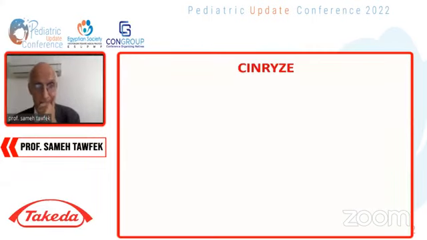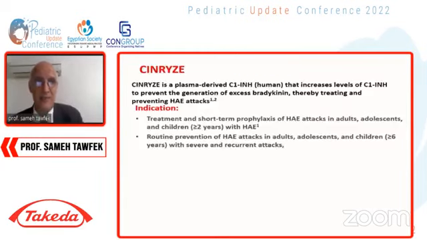Recently, in Egypt, Sunrise is available now, maybe even last month. Sunrise is plasma-derived C1 inhibitor that increases the level of C1 inhibitor to prevent generation of excess bradykinin, and thereby treating and preventing hereditary angioedema.